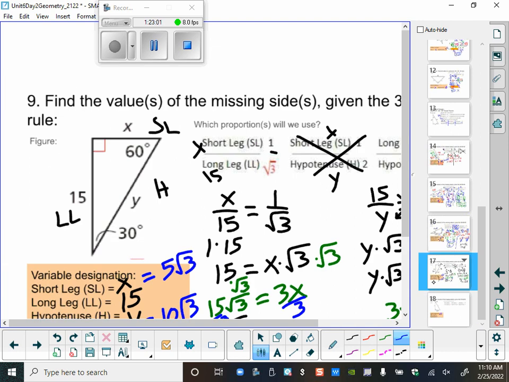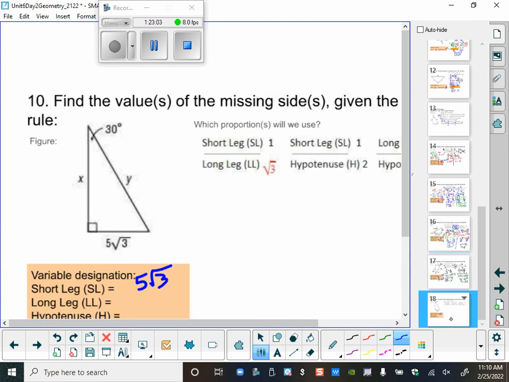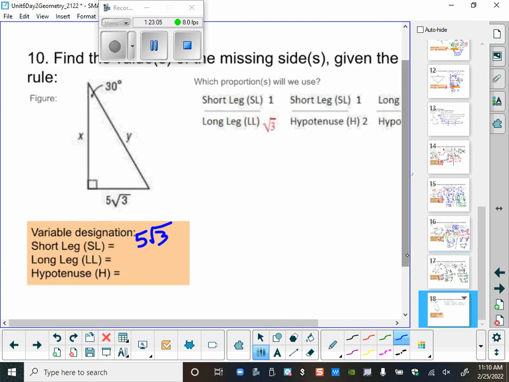Whatever you had here, copy: 15, 10 square root of 3. Those two problems are exactly the same. So from 9, copy 10. You got it.